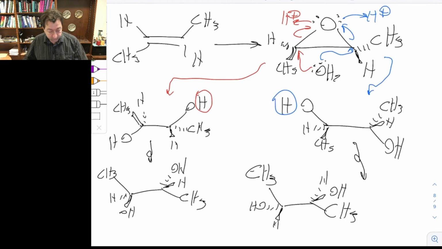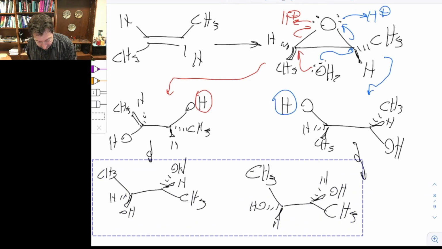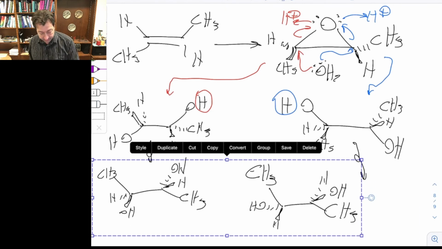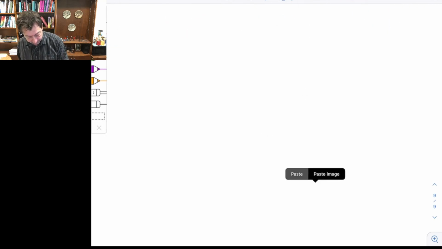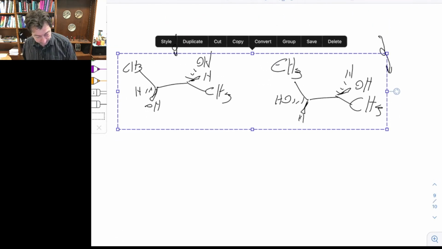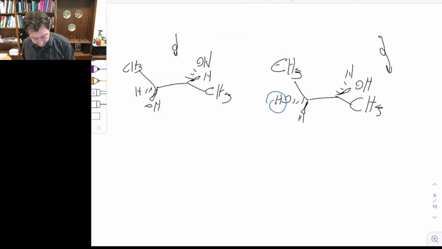Now, what we want to look at is the stereochemical relationship between these two molecules. So let me do that on a clean sheet here to be able to picture what's happening with those two outcomes. Again, this is the blue, this is the red.